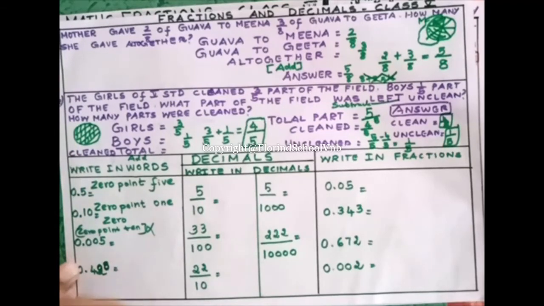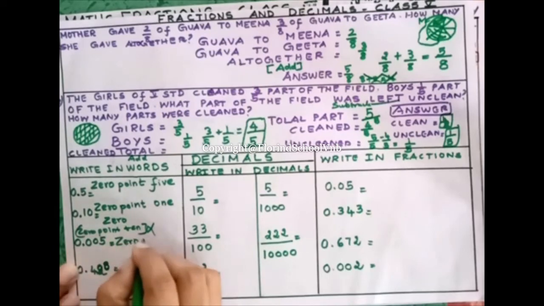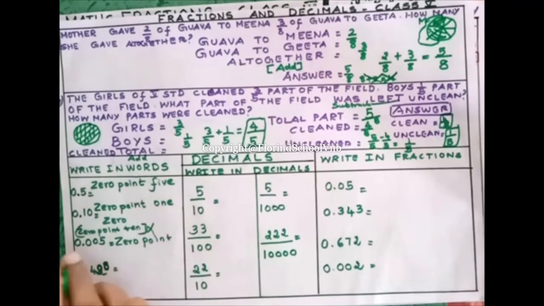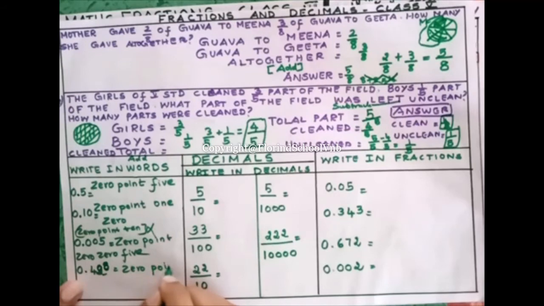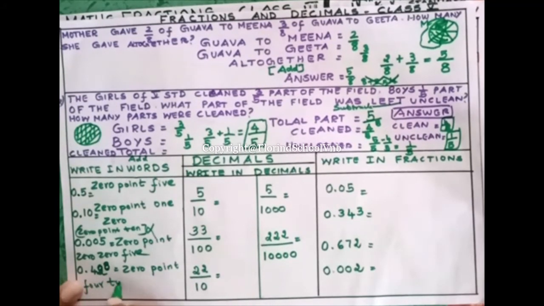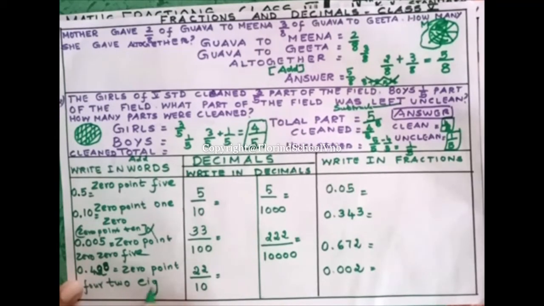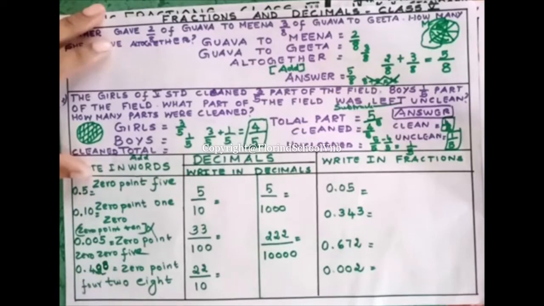Next, this decimal 0.005. Okay. Now the next this decimal 0.428. Should not write 0.428. Wrong.